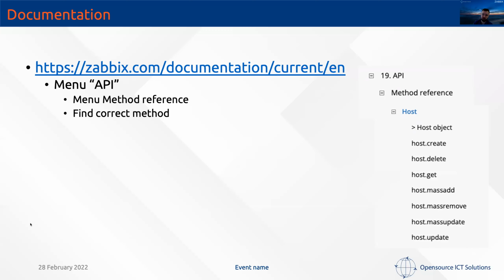Find the menu titled API, and you will find an entire list of all the methods we can use: host create, host delete, host get, etc. Find the method you want to use simply by reading the names and seeing what you might want to do. And there's a complete explanation on how you can use the method and what you can actually do with that method. So the documentation is invaluable for building your own calls with the Zabbix API.